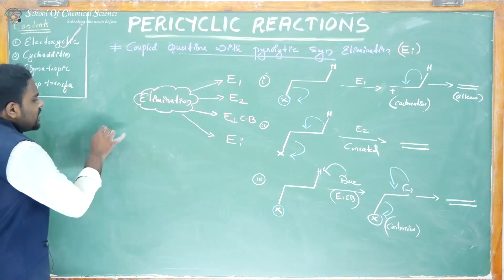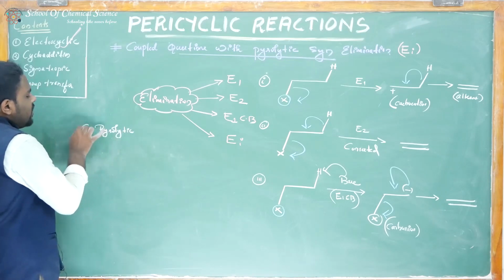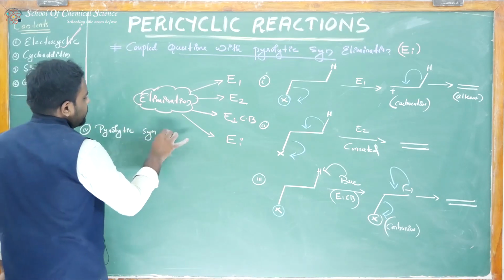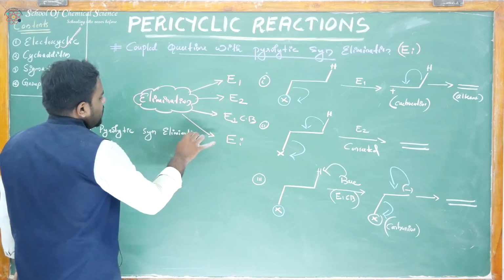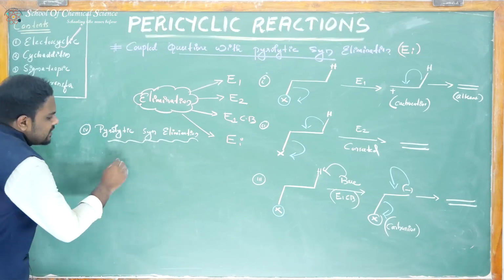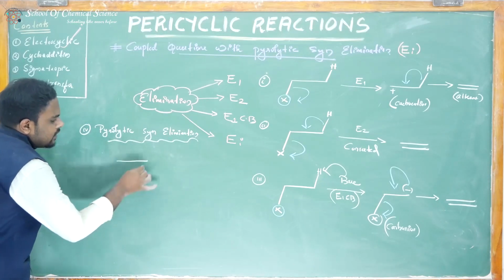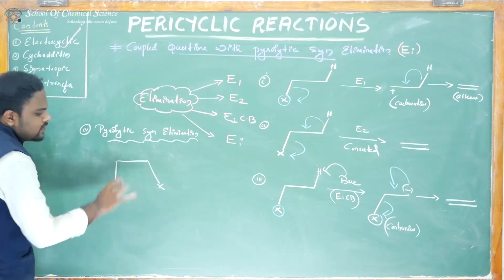Fourth one is pyrolytic syn elimination. What is the difference? It is syn elimination, that means the group X and hydrogen are on the same side.